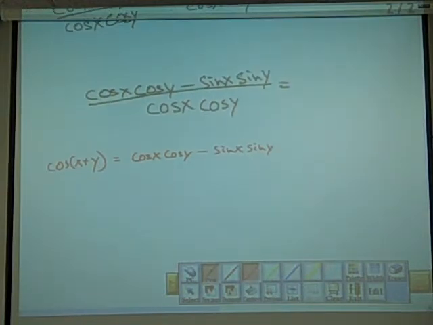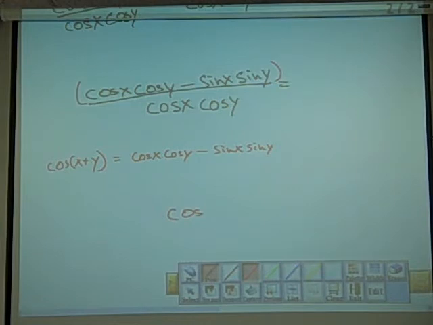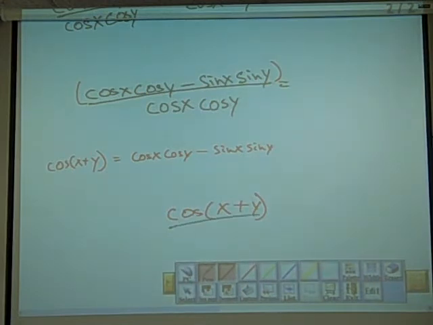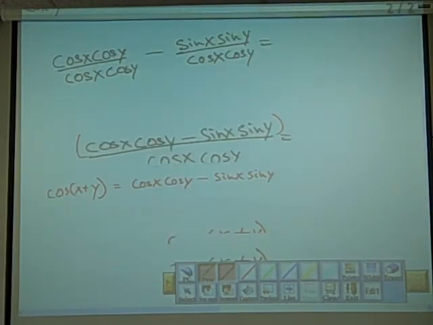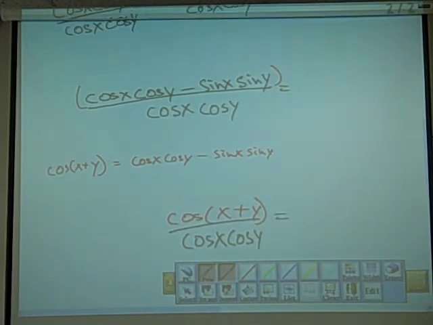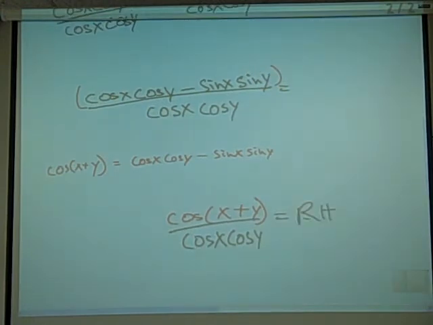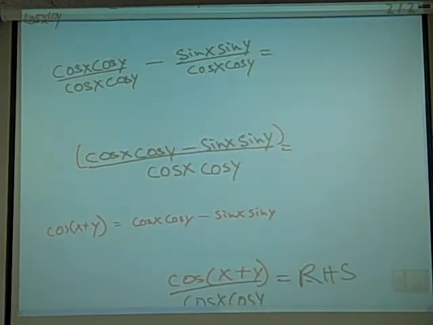So we're going to change this numerator here to cosine x plus y, and that's going to be over cosine x cosine y, and that's what we wanted. And so that's our right hand side.